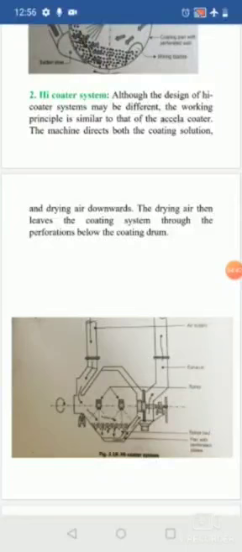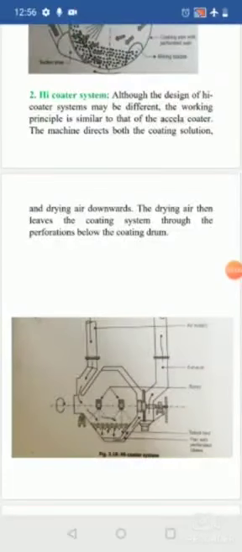Here it is kept vertically and fitted with a motor system, or kept on a horizontal frame. The design of the Hi-Coater system is different in working from the Accela coater. Here the machine directs both the coating solution and the drying air towards the bottom.